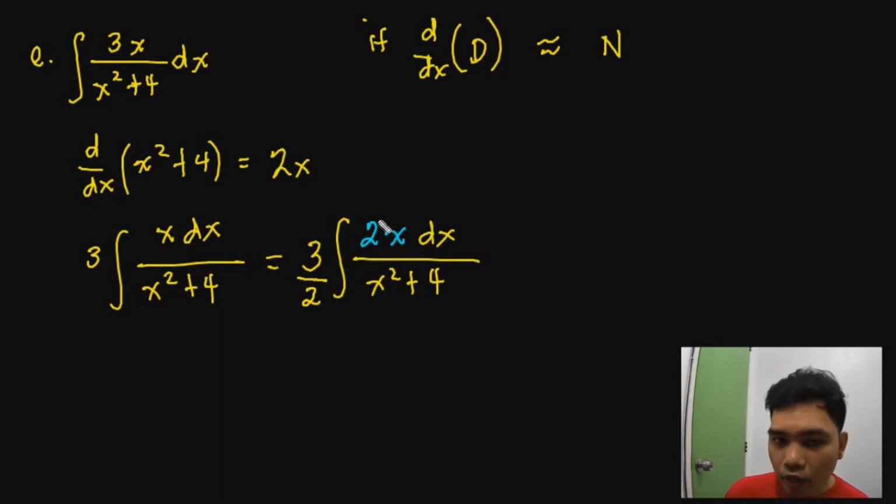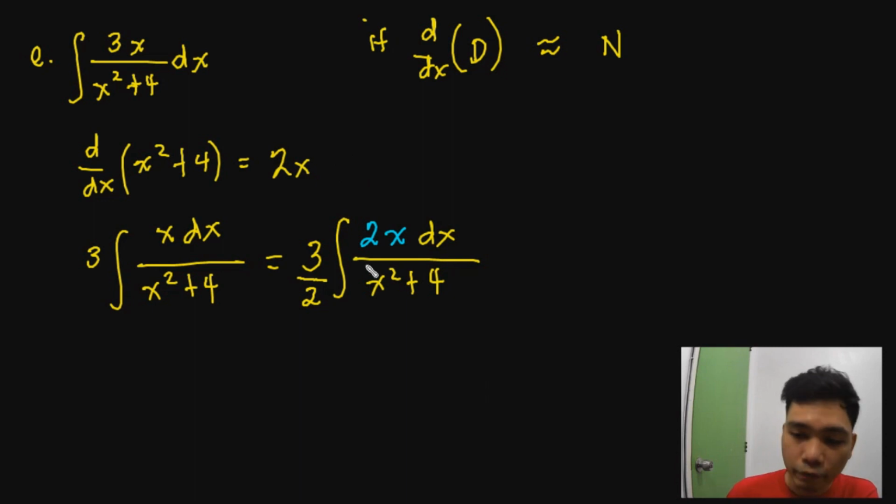As you can see, we didn't actually change the equation itself, because you can cancel out 2 here and this leaves us with 3x dx over x squared plus 4. But we wrote this form because we can actually take the derivative of x squared plus 4, leading to 2x. It's not literally a change because we're not actually changing the equation here.